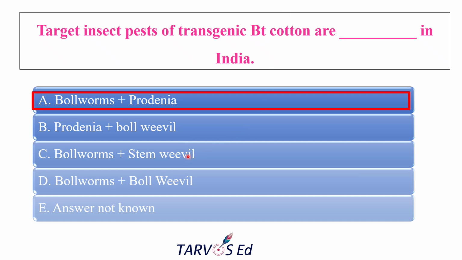So this is how you should remember the target pests of transgenic Bt cotton. Cry1Ac, Cry1, Cry2 and so on are usually effective against Lepidopteran pests. If the crop has the Cry3 gene, maybe Bollgard 3 later, right, then it is effective against coleopterans.